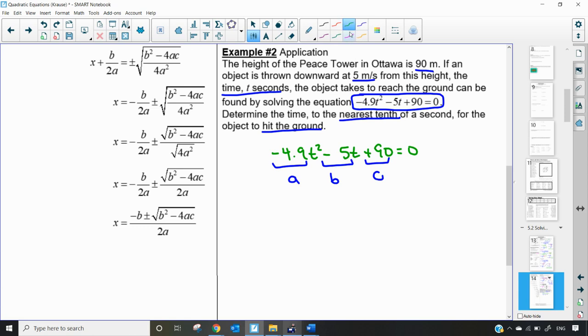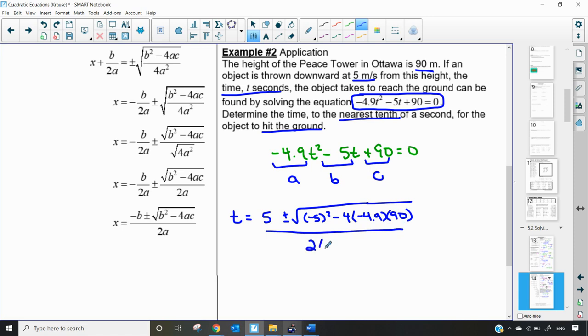Now, subbing into our formula, the formula does say x equals, but in this case, we're going to write t equals because our variable is t. So we've got t equals negative b, so a negative 5 is a positive 5, plus or minus the square root of negative 5 squared minus 4 times negative 4.9 times 90, all divided by 2 times a, or 2 times negative 4.9.